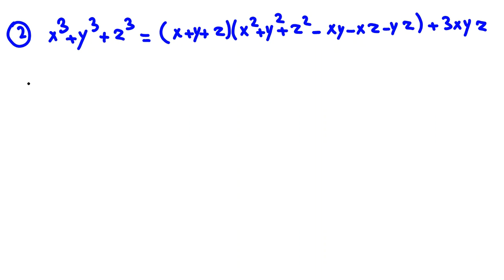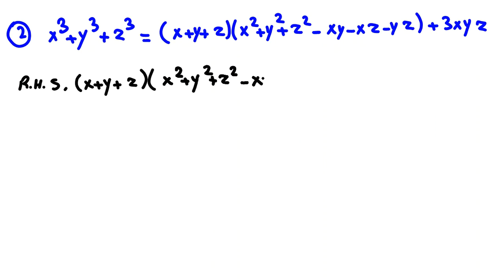So if I consider the right hand side, (x plus y plus z) times (x squared plus y squared plus z squared minus xy minus xz minus yz) plus 3xyz.